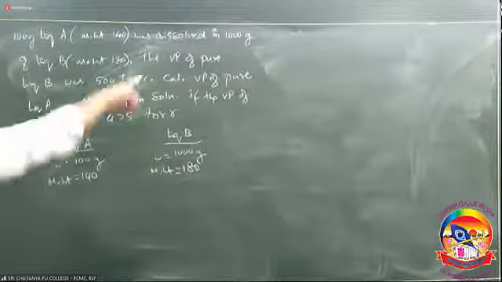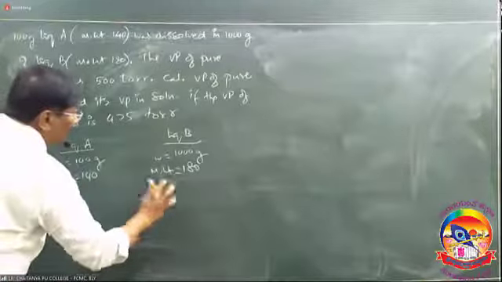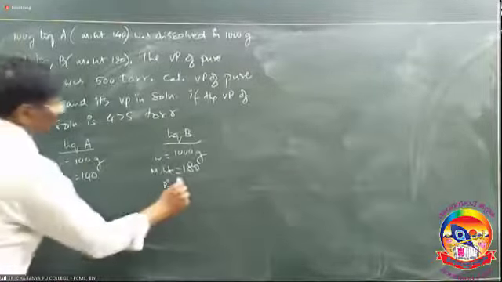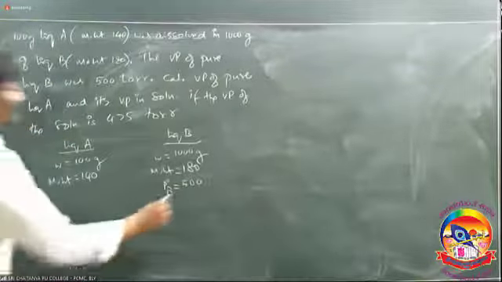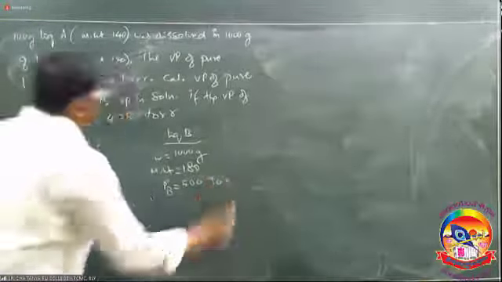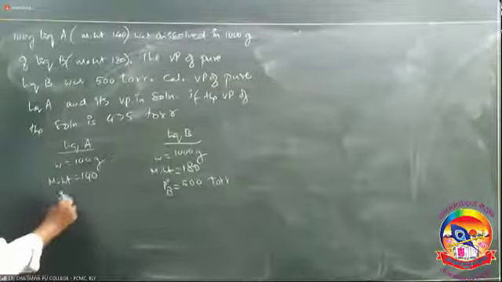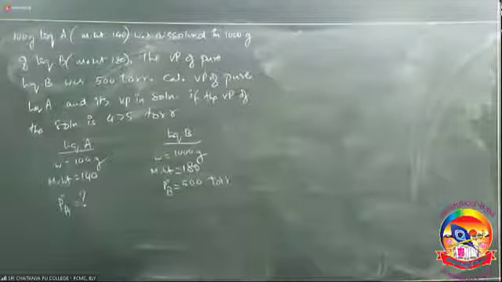The vapor pressure of pure liquid B, P naught B, is 500 torr. Then calculate the vapor pressure of pure liquid A, P naught A, and its vapor pressure in solution.